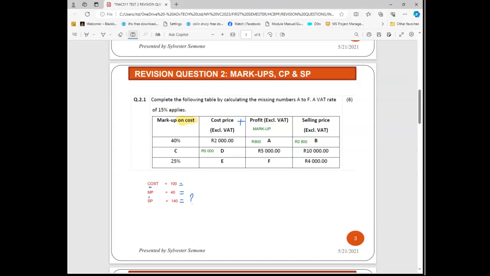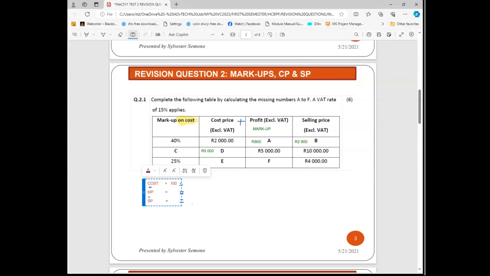Now, we can still use this information here. But unfortunately, with this information, we know that the markup is on cost. We just know that cost is 100, but we are looking for this. So unfortunately, they want us to find this, but we know that for sure markup is 100.